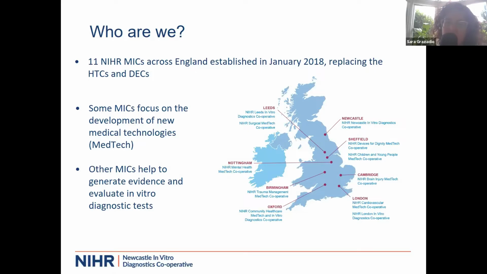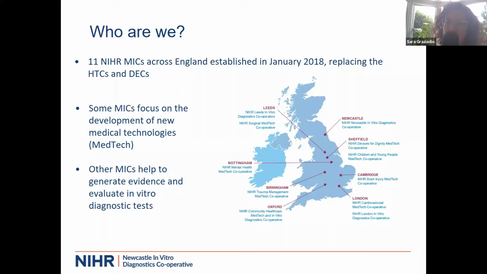previous DECs focused mainly on evaluating diagnostics, in vitro diagnostics, and we are in Newcastle, Leeds, London, and Oxford, while the previous HTCs mainly focused on development of medical devices.